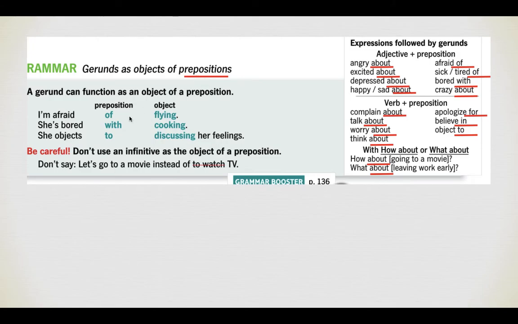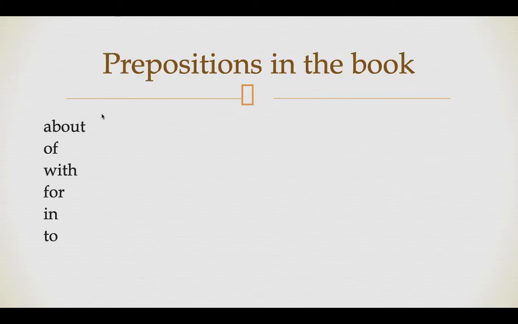And prepositions are words like of, with, and to. I underlined them all here: about, of, with, about, for, in, to, and about. There are many more prepositions, but we're just talking about these few examples. So prepositions in this book: about, of, with, for, in, and to.